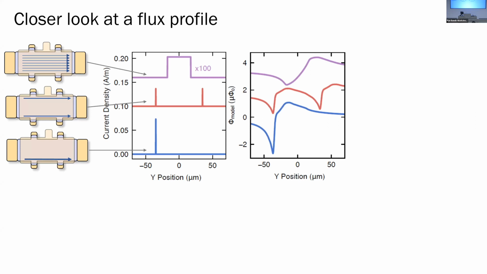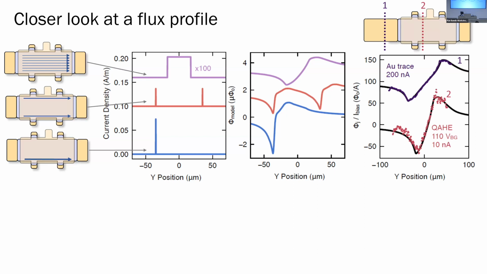And we know our point spread function very accurately from imaging known sources of magnetic field. So we can model how the magnetic flux will actually look based on these current profiles. And this is how the flux profiles come out.